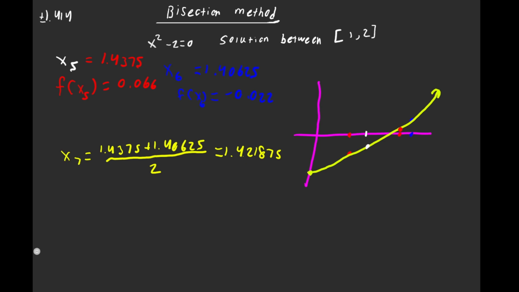And now I forgot to mark our point here earlier, and we're pretty close to our solution actually. So now let's go ahead and look for the y value of x sub 7. X sub 7 gives us 0.021, which is positive. So we just get rid of x sub 5 now and look for x sub 8 because we're pretty close now.